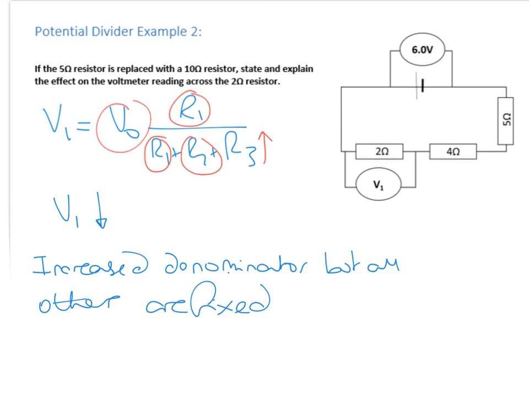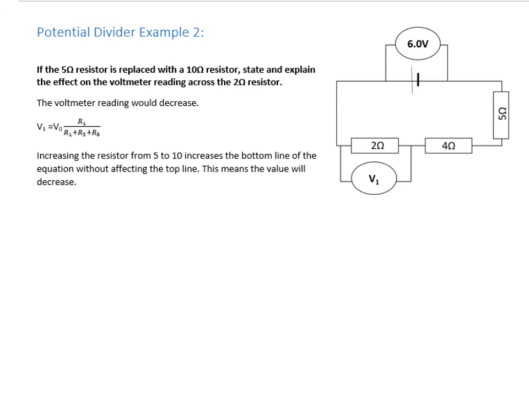So therefore the overall expression for V1 is going to decrease. And I appreciate my handwriting is pretty terrible. But there we go, nice and neatly typed out, so that's not a problem.